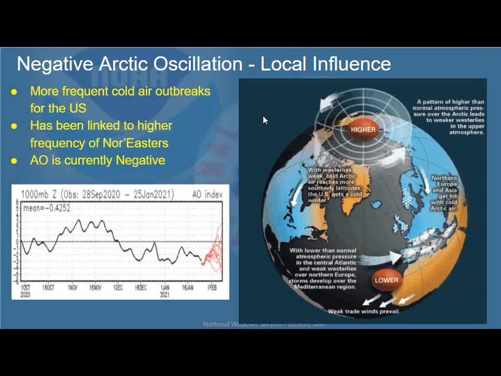When the AO goes from deeply negative towards neutral, research has shown that this is associated with a higher frequency of winter storms over the eastern U.S. And that was exactly what happened this winter.